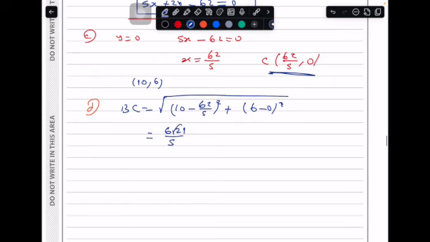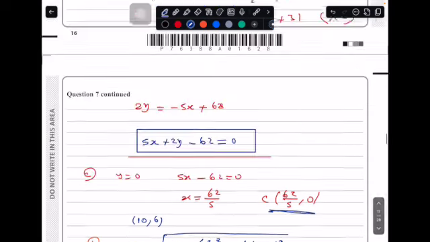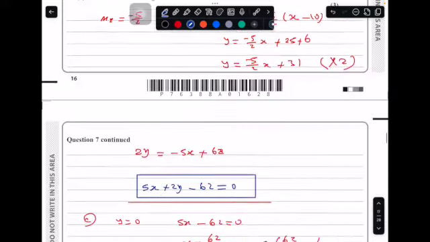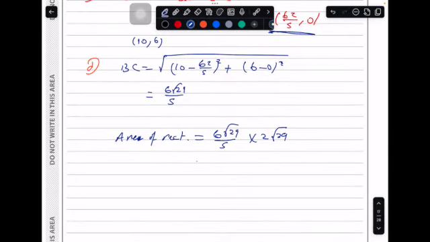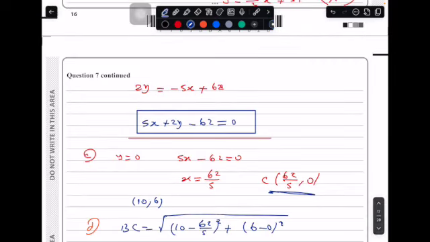So the area of the rectangle, which is base times height, is 6 root 29 over 5 times 2 root 29. Does he want the exact value? He didn't mention it, so you can put it in a calculator, and it will be 69.6. Piece of cake, because you have done part of the question before.